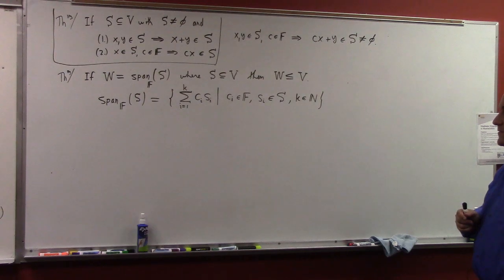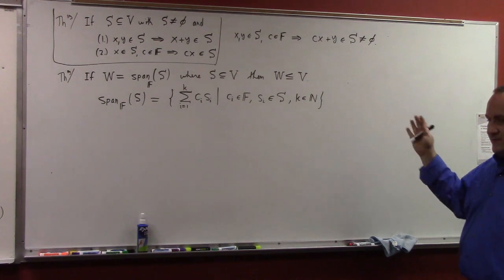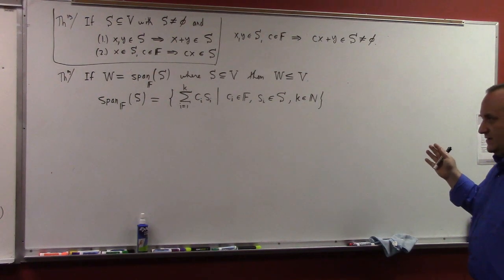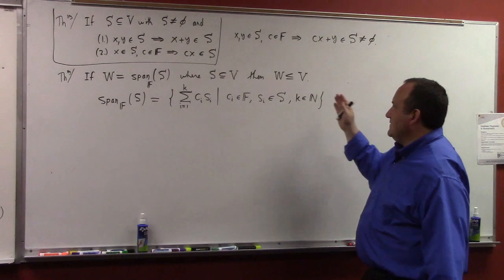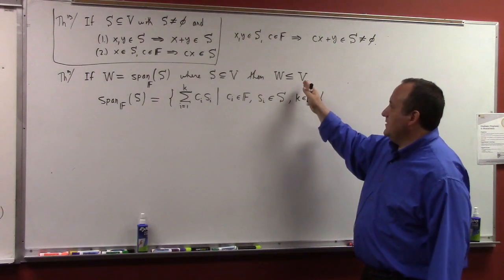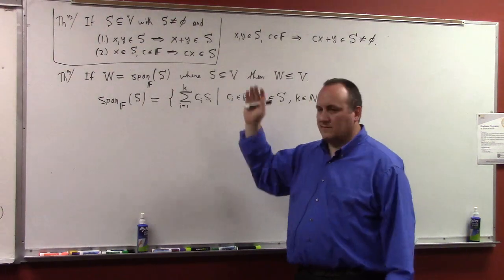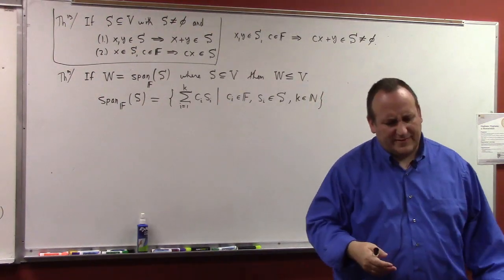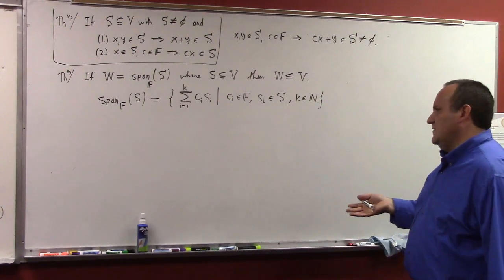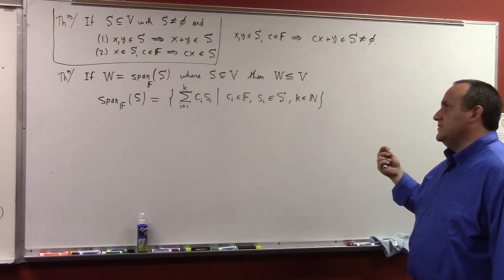Now, of course, K is a variable here, right? But if you're working in the context of an n-dimensional vector space, you can just swap this K out and put n here. Well, no, I shouldn't say that, that's not true.